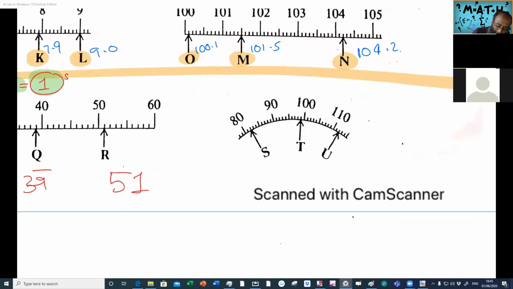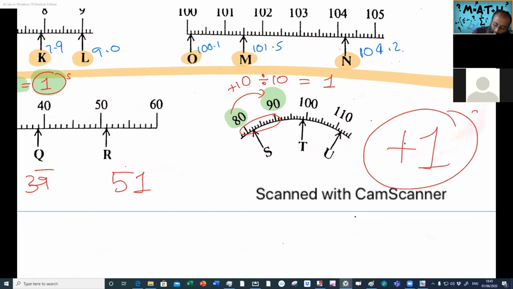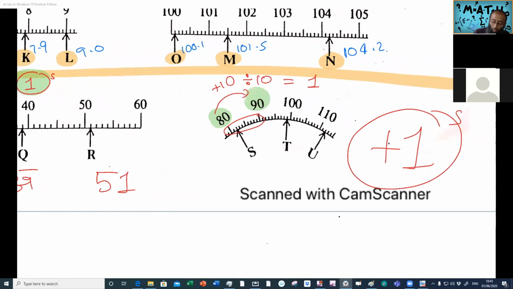So if we go from here, 80 to 90, what is the jump, Aisha? 10, jump of 10. How many little gaps do we have? 10. What's 10 divided by 10? 10 divided by 10 is 1. So what are we counting in? 0.1? No, 10 divided by 10 is one.